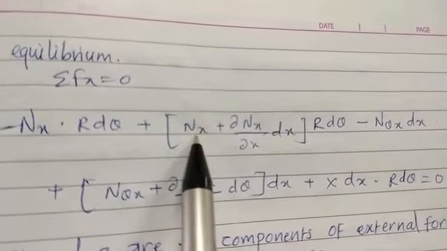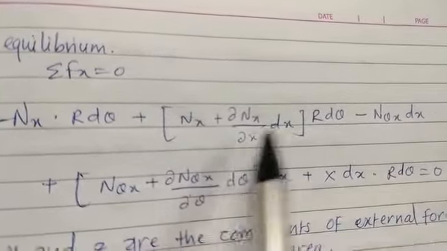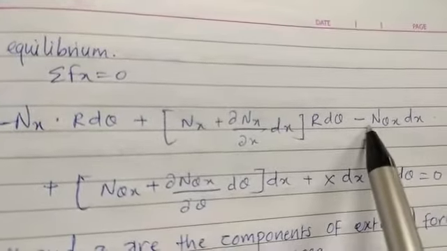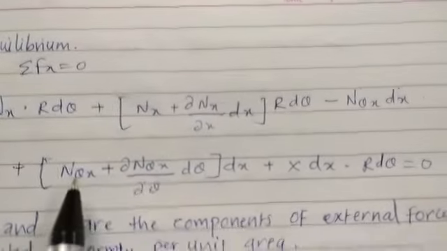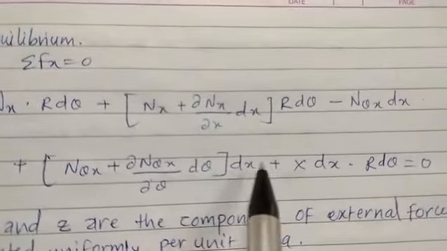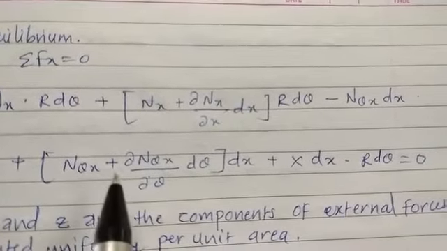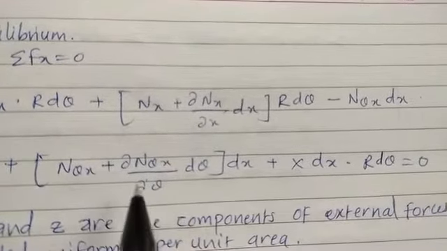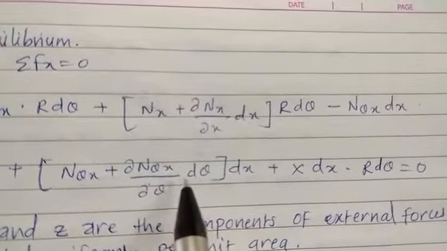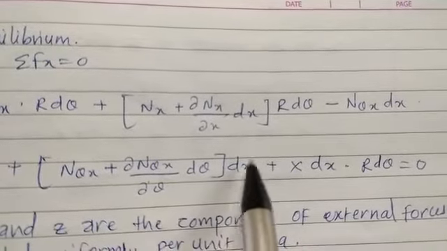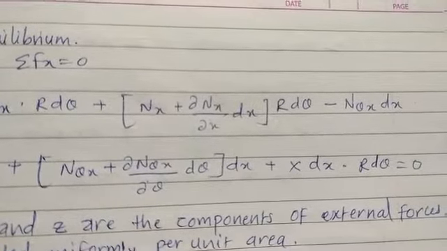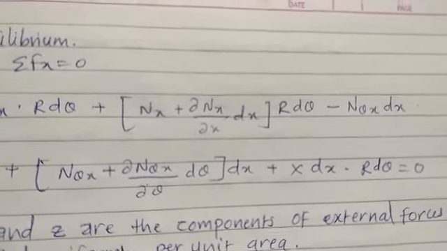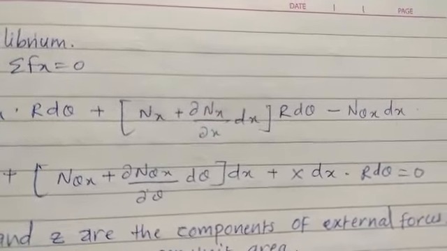Similarly, this n theta x dx and this n theta x into dx will be cancelled out. In the remaining terms, d theta and dx are common, so we can take them out and cancel them.